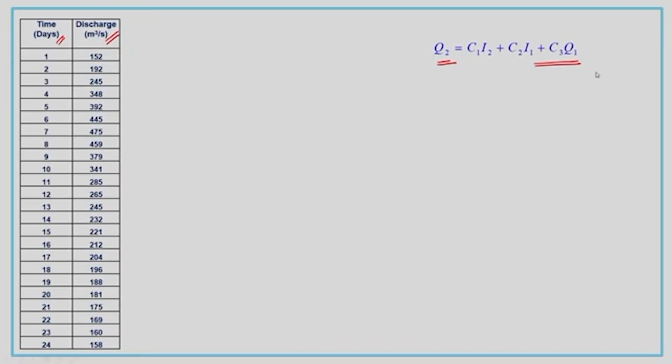For that we are going to assume that I is equal to Q, uniform flow condition. Once the flood wave enters the channel reach, then the Q value will be changing. So first Q1 value will be the same as that of I1 value. After that, in the next step we will compute Q2 value by making use of the Muskingum equation of routing.